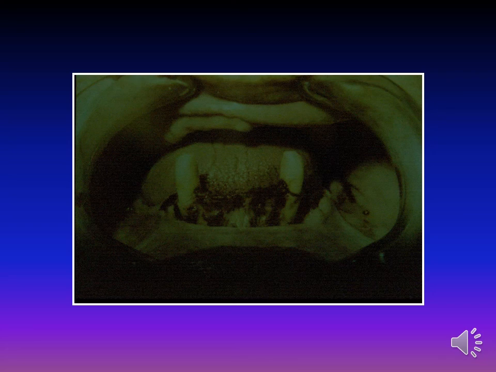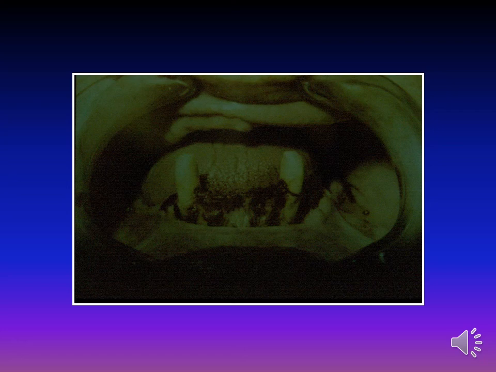The overdenture concept is an effort to preserve alveolar bone by retaining natural teeth, which may or may not be endodontically treated, and constructing the denture directly over them. Periodontal disease, caries, and the expense entailed have hampered the overdenture concept.